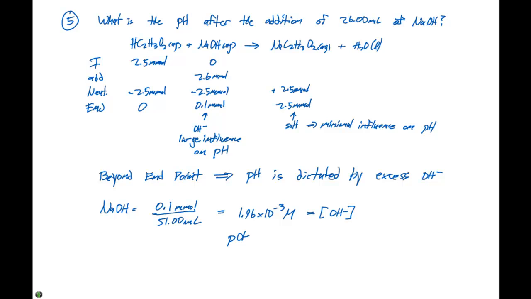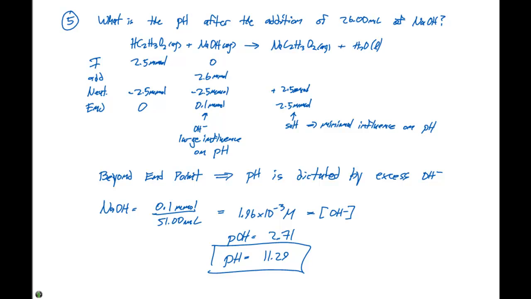So we can then calculate the pOH, which is 2.71, and then if we do 14 minus that, that will give us the pH, which is 11.29. So when we're looking at these particular cases, once we go past the endpoint, we have to figure out how much hydroxide ion is in excess, and once we determine that, we can divide by the total volume.